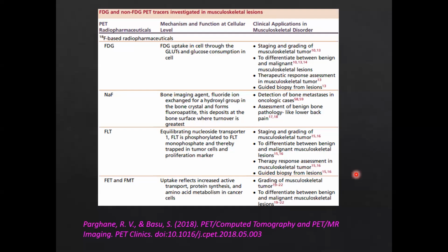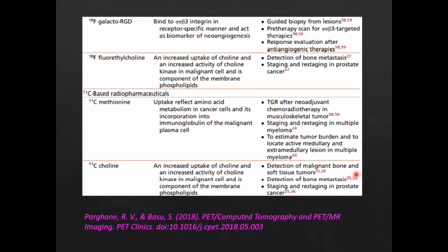Other tracers are galacto-RGD and fluoroethylcholine. Then the 11C-based radiopharmaceuticals are 11C methionine and 11C choline. These are already available, but they are not so widely used, especially for musculoskeletal lesions. And then there are PSMA and Dotanoc.